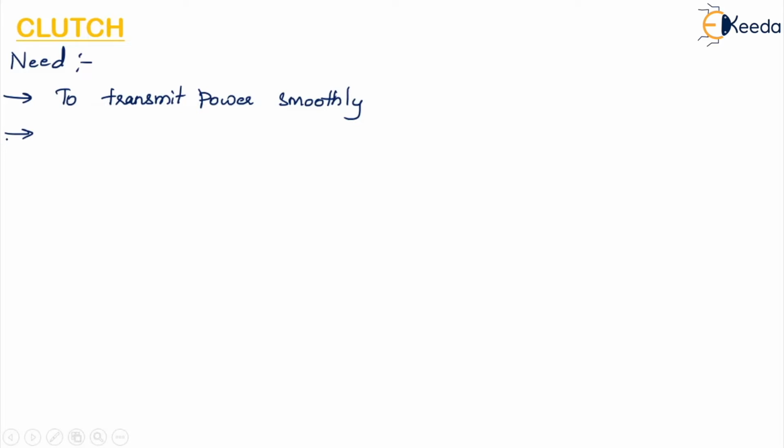Need for clutch. What is the need for this clutch in the automobile? The clutch is needed to transmit power smoothly. Then once the clutch is engaged, it must transmit power without slipping.